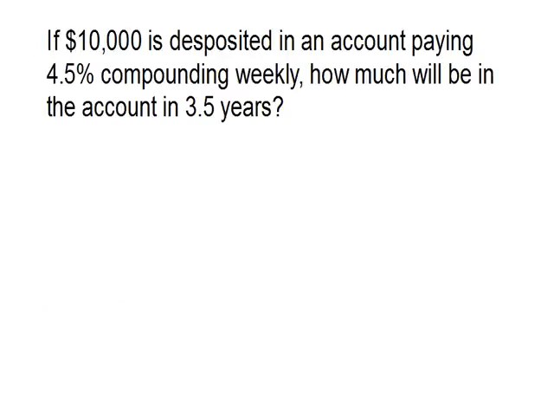Okay, so if we have $10,000 deposited in an account paying 4.5% compounding weekly, how much will be in the account in 3.5 years? It does not say compounding continuously, so that means we use this equation, P times 1 plus R over N to the NT.